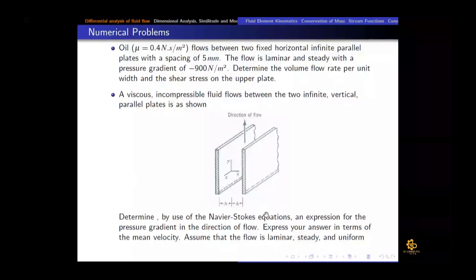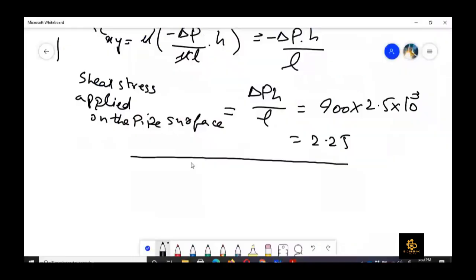So the flow is laminar, steady, and uniform. Because this is the y direction, we need to consider the y direction momentum equation. Let's write that equation here.